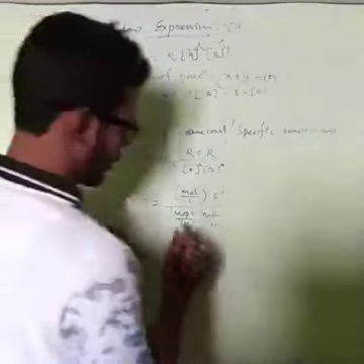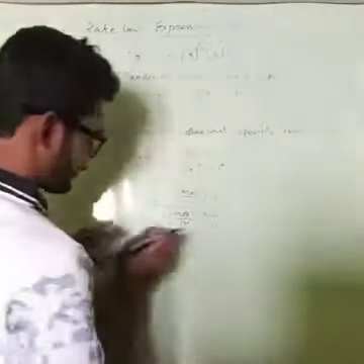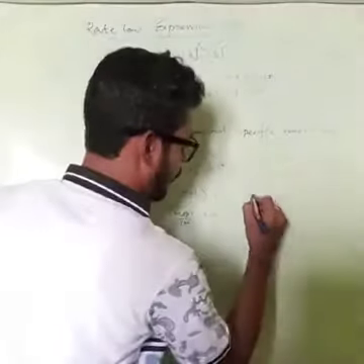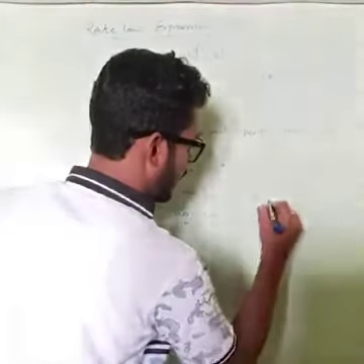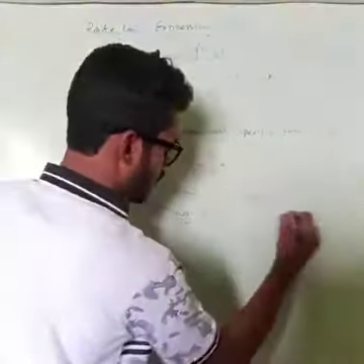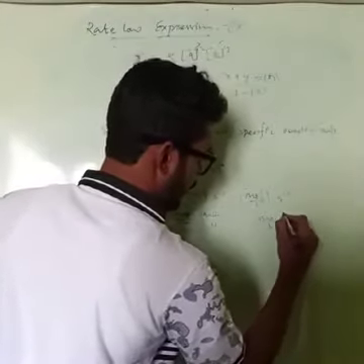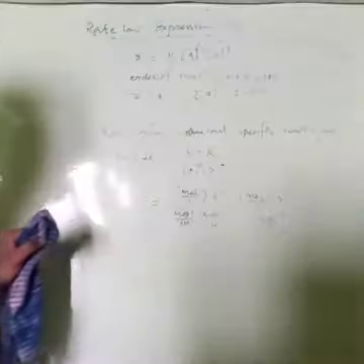So you can write this as N. If I omit it, I can write mole per liter second inverse divided by mole per liter to the power N. So what will we get?